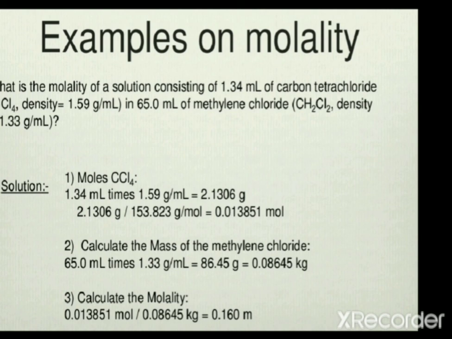Then calculate the mass of methylene chloride: 65 ml times 1.33 gram per ml is equal to 86.45 gram. Here express this gram in kg, 0.08645 kg. Molar mass is not taken here, because it is the moles of solute divided by the mass of the solvent in kg. 65.0 ml times 1.33 gives, in kg, 0.08645 kg.